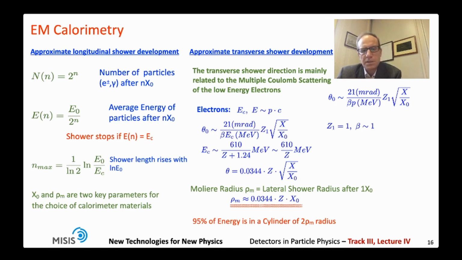So this is the typical radius after one radiation length longitudinally, and this is also proportional to the radiation length. And 95% of the energy is within a cylinder of radius which is twice the Molière radius.